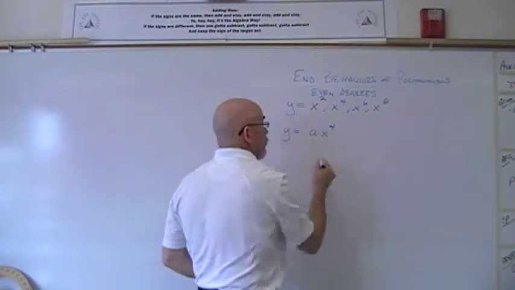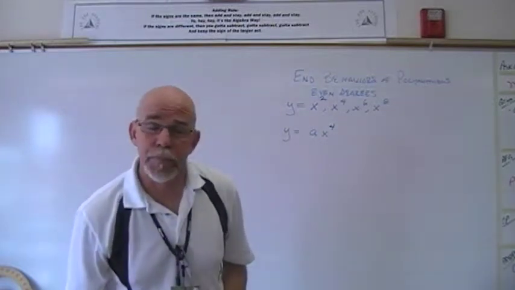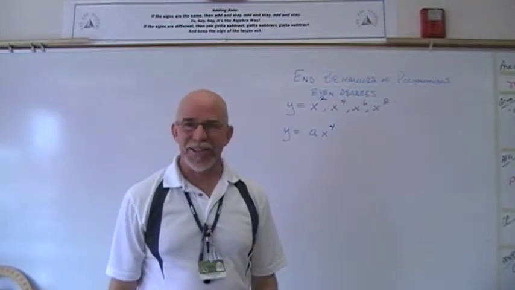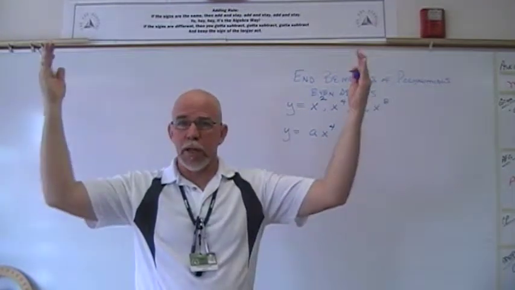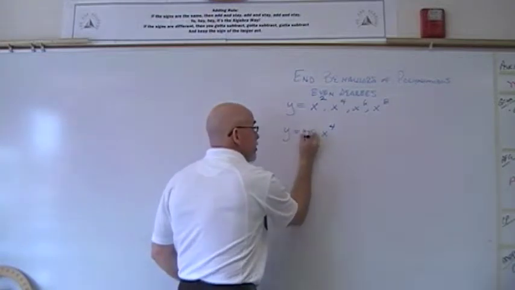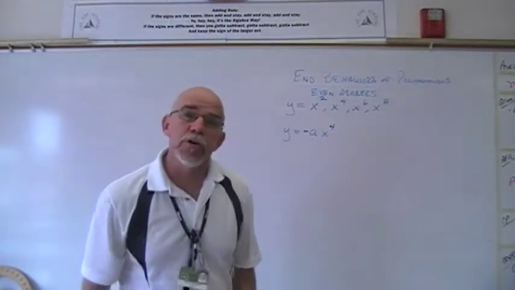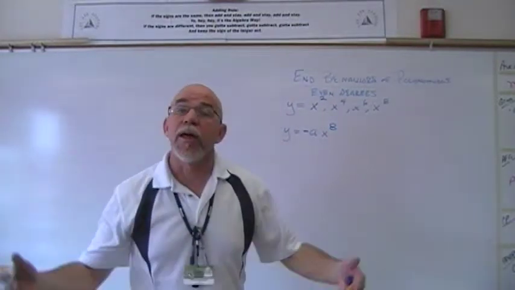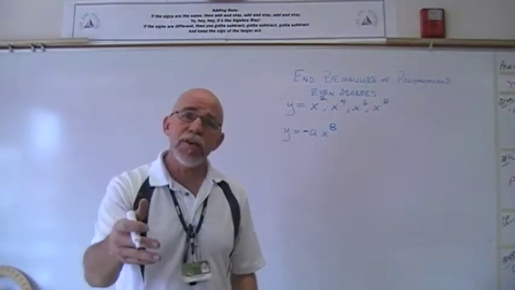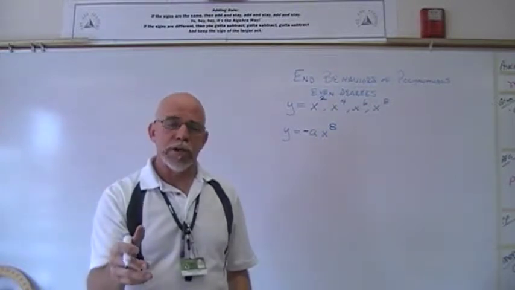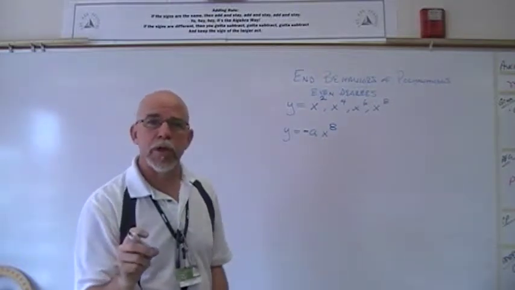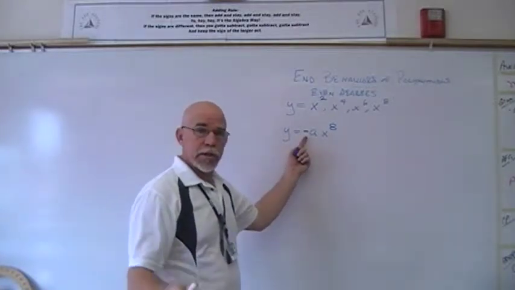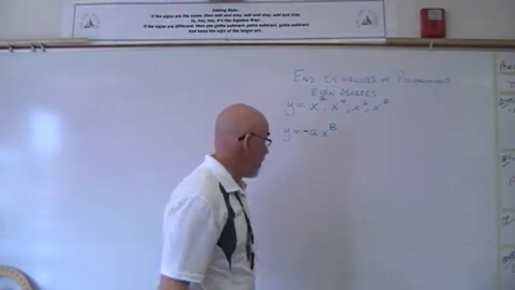If this is an x to the fourth polynomial, if a is positive, what are the end behaviors going to do? That's right. Just like the quadratic, they're going to open up. If that coefficient is negative, what are the end behaviors going to do for an 8th degree polynomial? That's right. They're both going to go down. So even degree polynomials, their end behaviors are the same, and the leading coefficient tells you where they're going, just like we learned with quadratics.